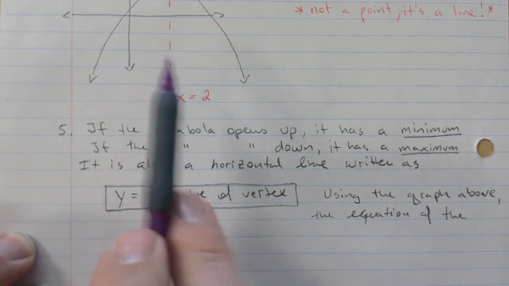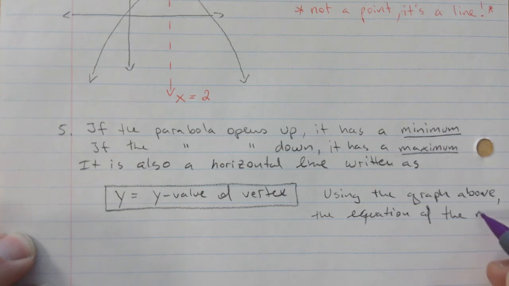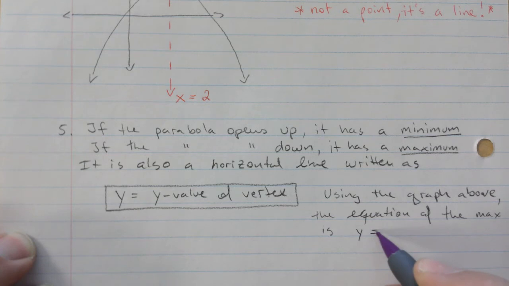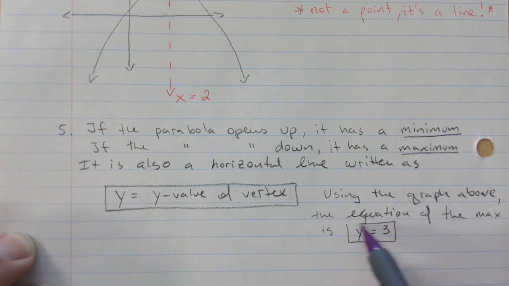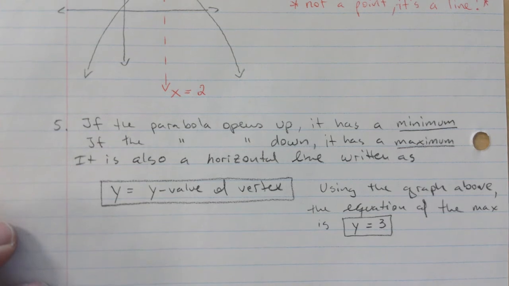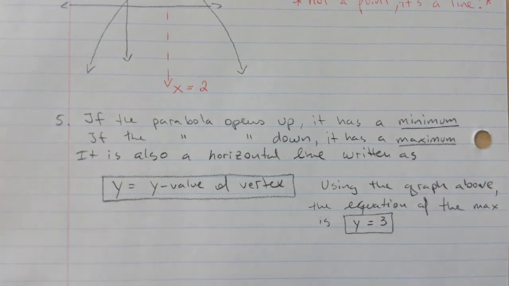If you look up here, the max is y is equal to the y value of the vertex above, which was 3. Okay, so there it is. So you get the axis of symmetry from the x value, and you get the min or the max.